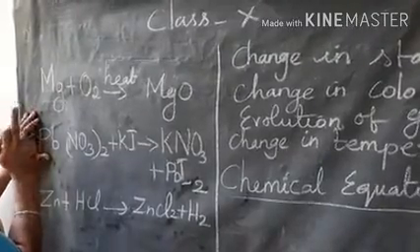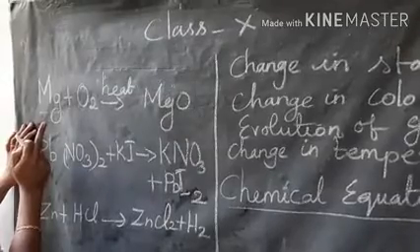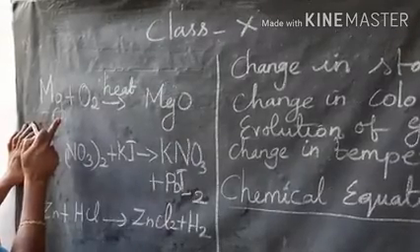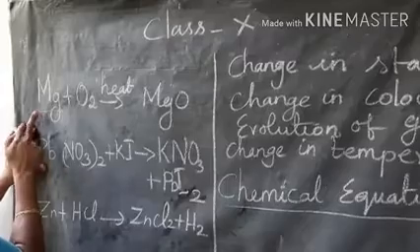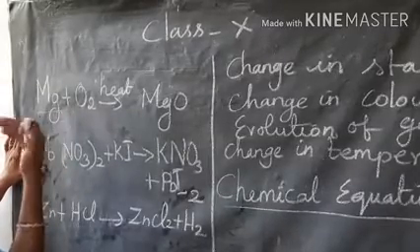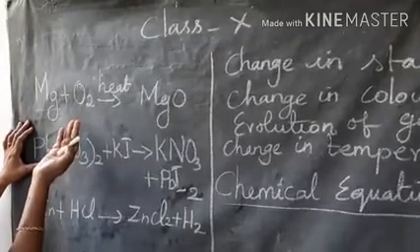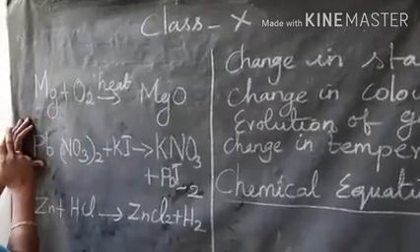So, it should be cleaned with the sandpaper. What will happen if it is not cleaned? It will not react with oxygen or any other substances. That is the reason it should be cleaned with the sandpaper.